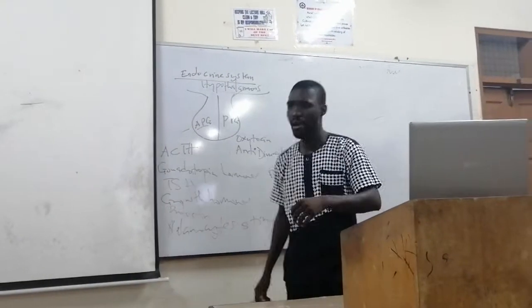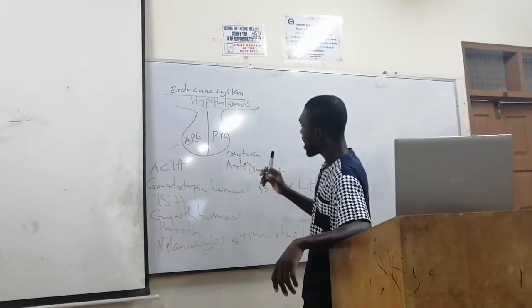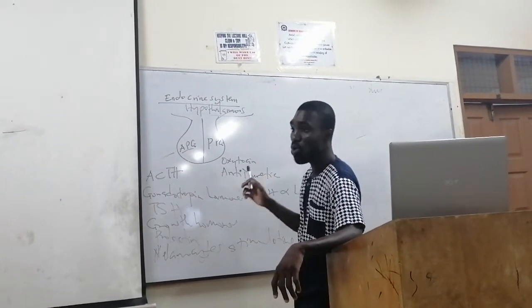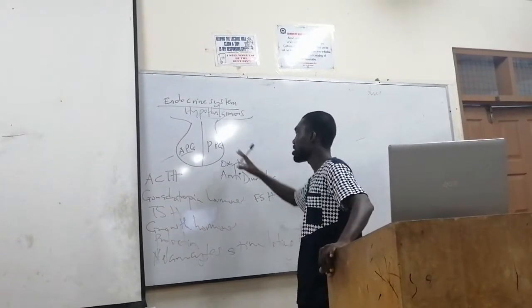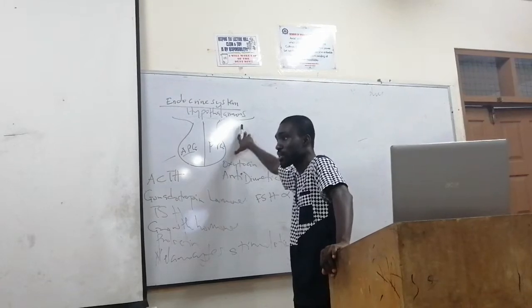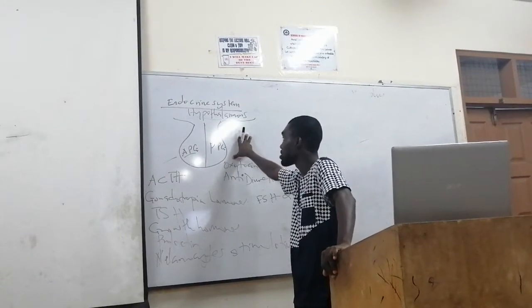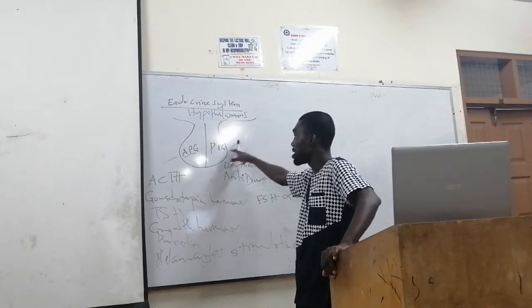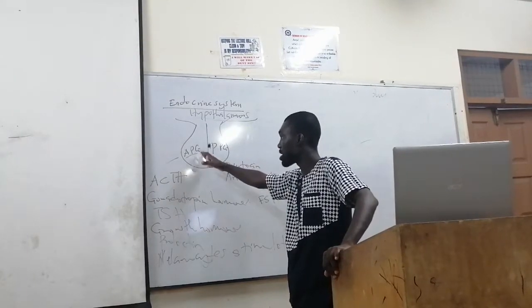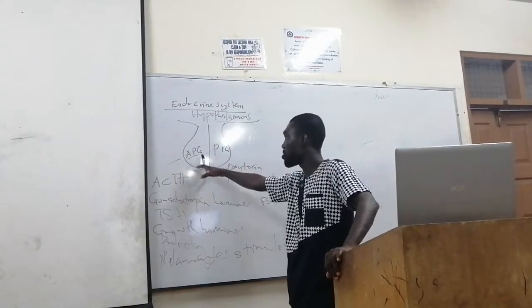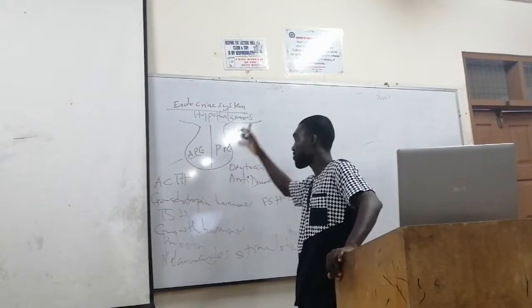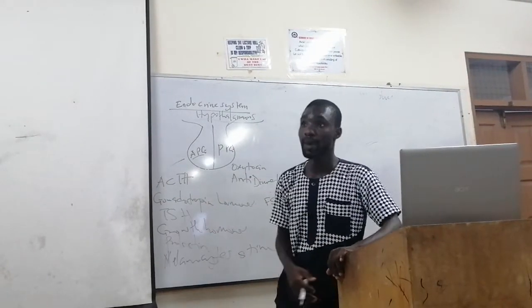So there are eight main hormones that are released with the endocrine glands. There are 8 main hormones, and they are released from the pituitary gland, right?